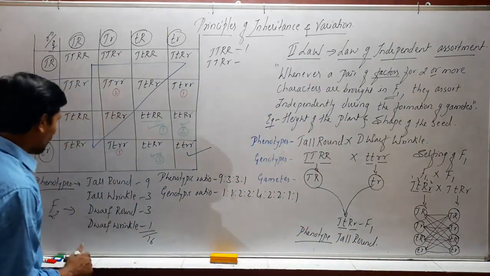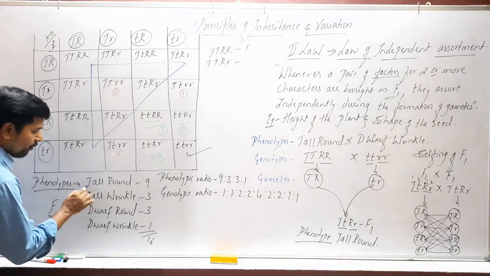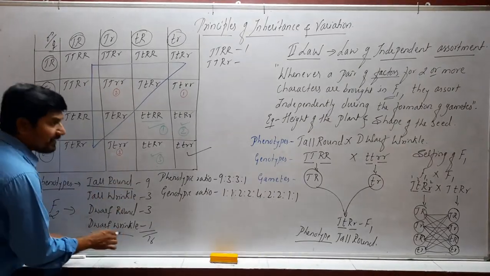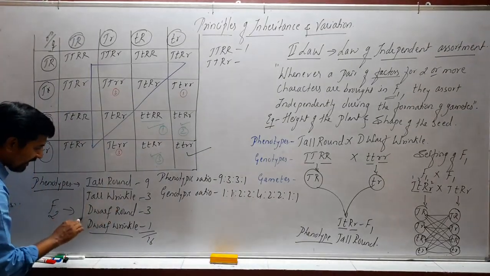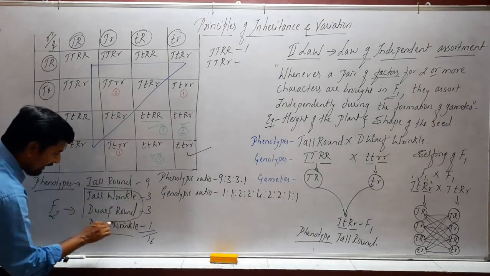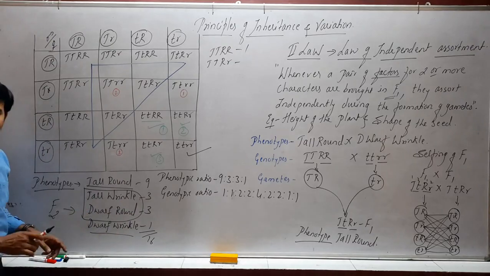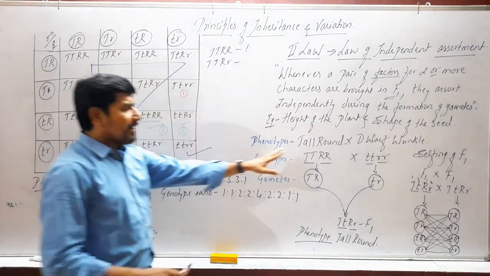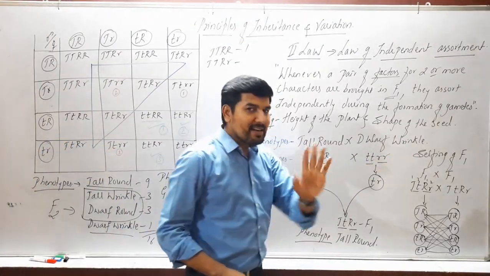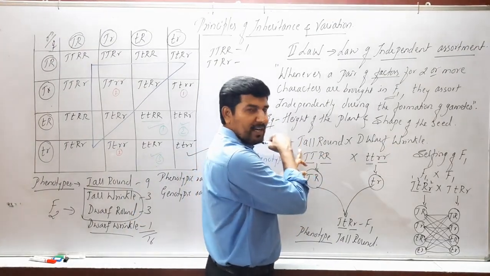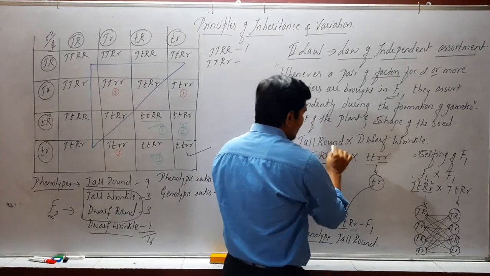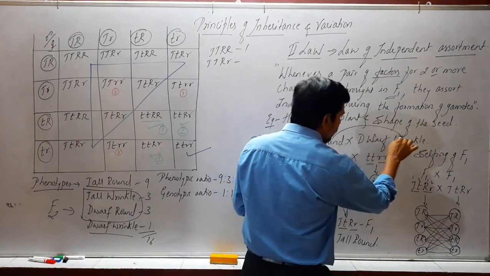Because of this only, tall round and dwarf wrinkle, these two are the parental characters, and along with that, here in the middle part we get new recombination characters. That means tall and round character, dwarf and wrinkle character are not fixed. Tall and round parental character will be retained. Along with that, this round character may shift to dwarf.